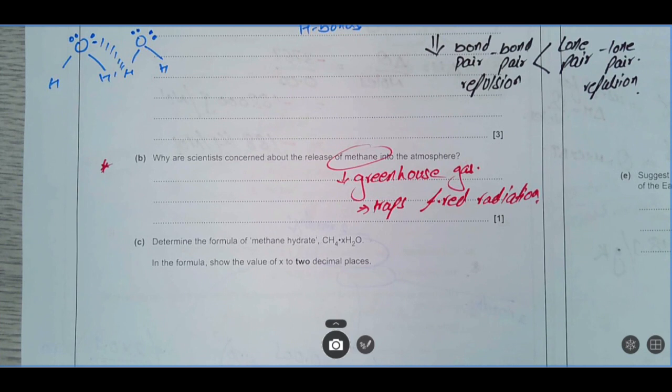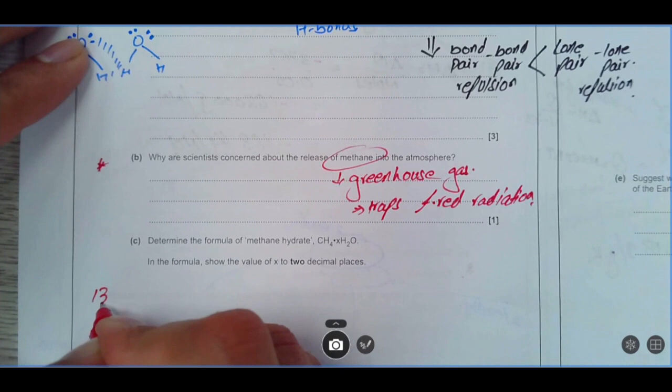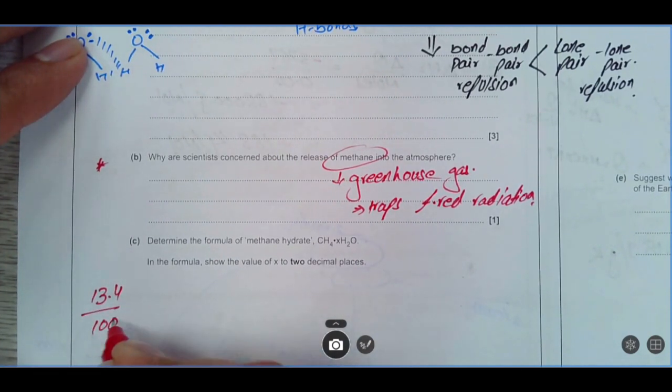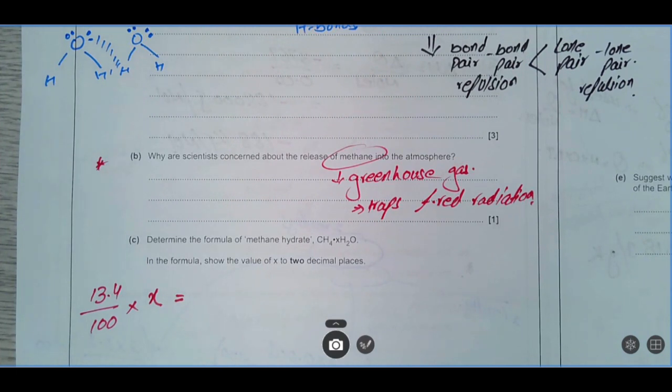So I can do that, and if I work out the value of X then? So from the start value, I can say 13.4 over 100 times X will be equal to how much? It will be equal to methane.